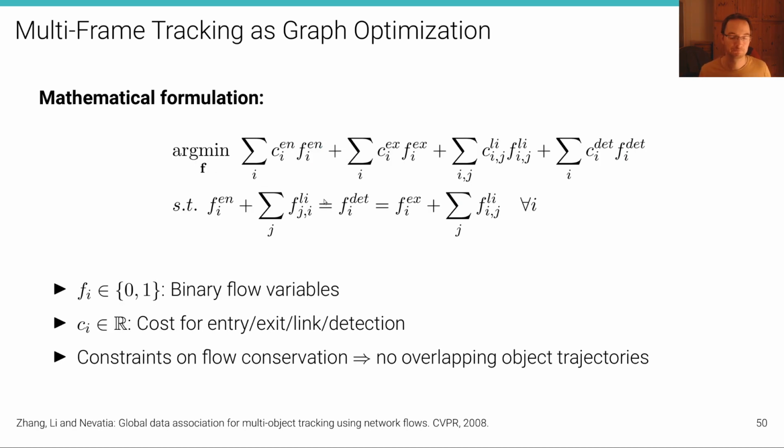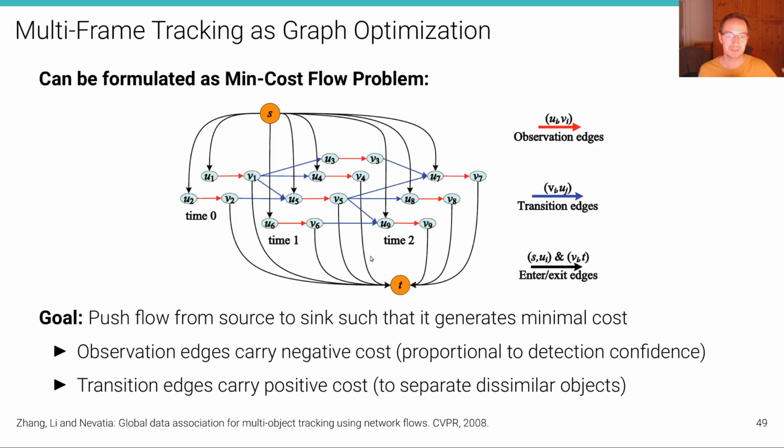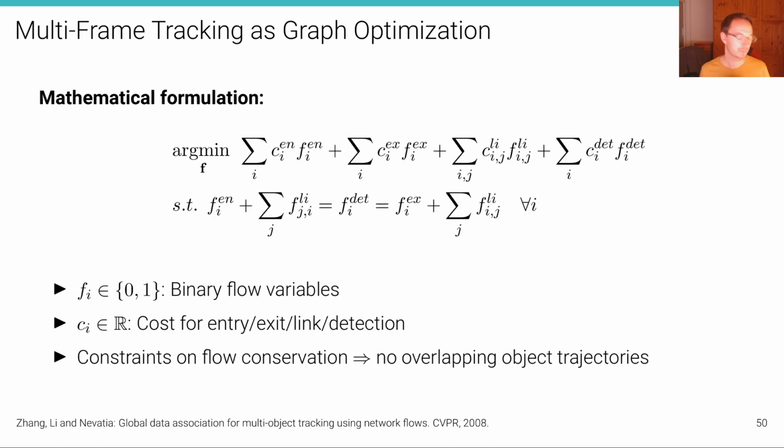And that must be the same as the flow that exits from here and the flow that leaves that node towards detections in the next frame. All right? So this is the high-level intuition of this formulation.